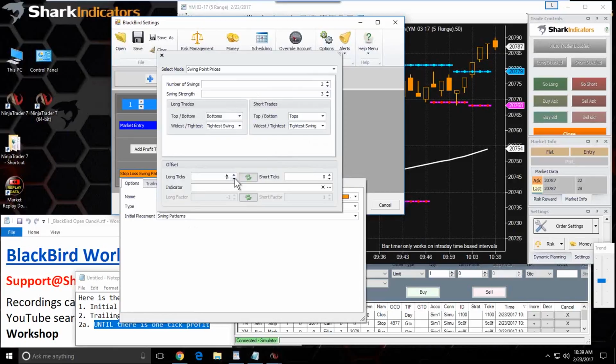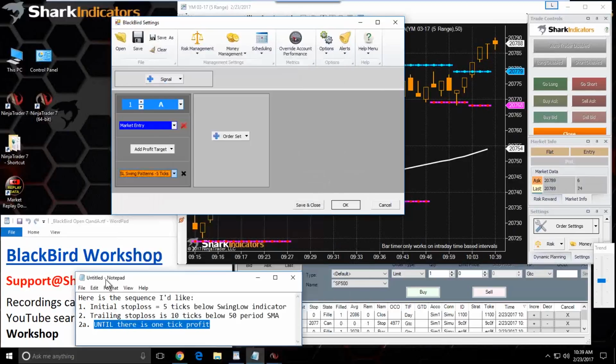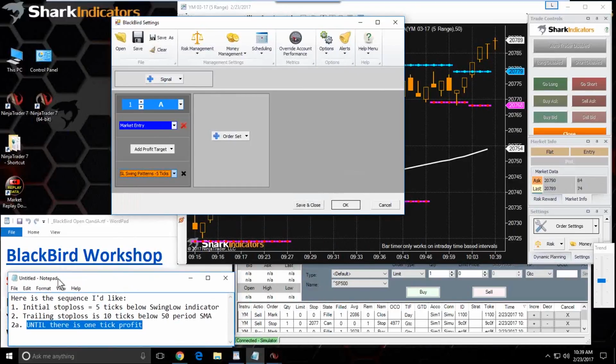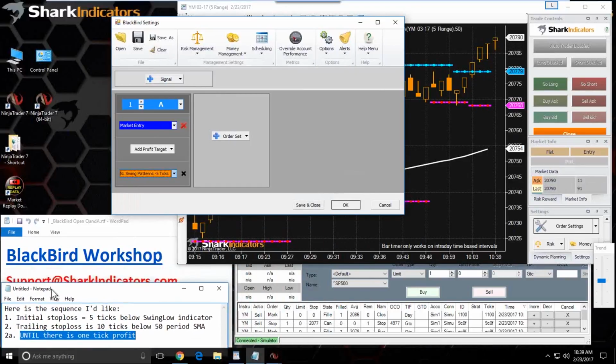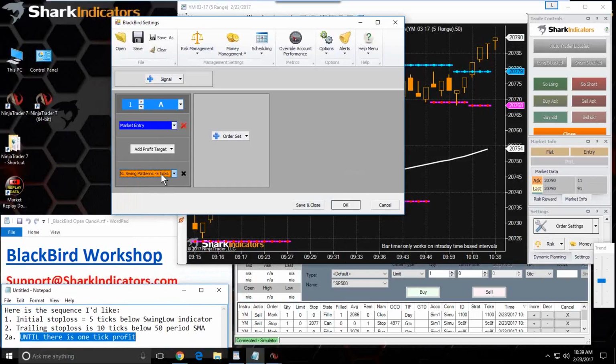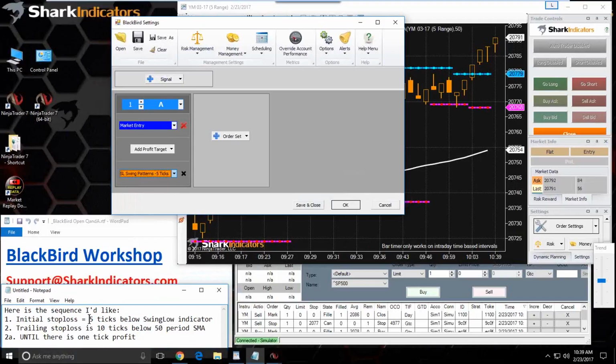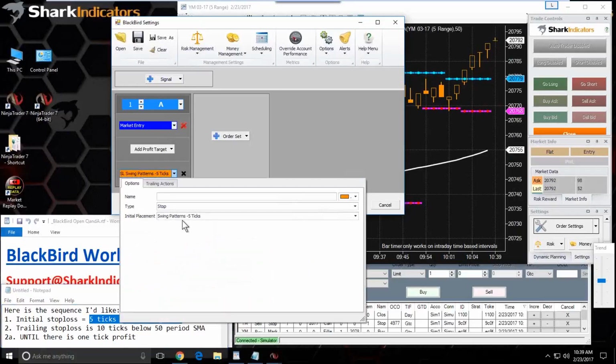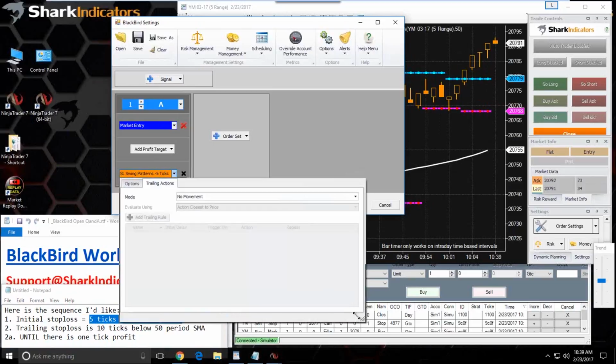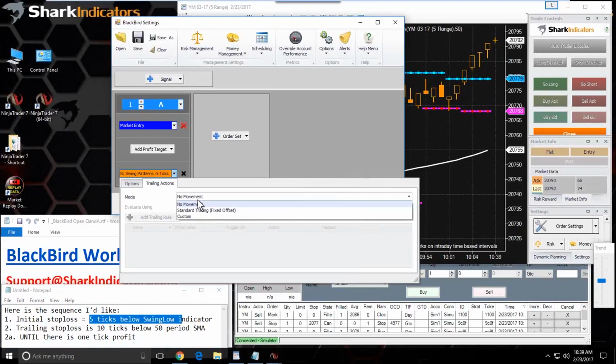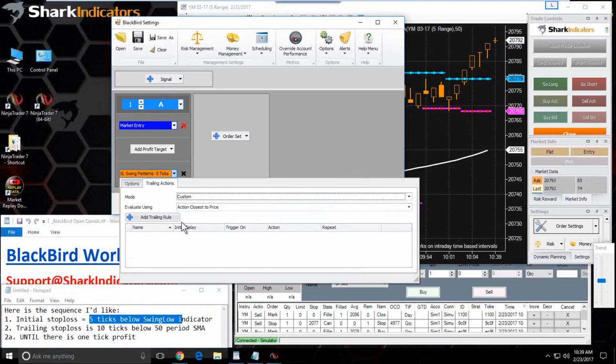And we want it 5 ticks below the swing point. There we go. I'll move this over again. All right, so that's rule number 1 right there. 5 ticks below the swing low. So we have that set up, and now let's go in and set up a trailing rule.